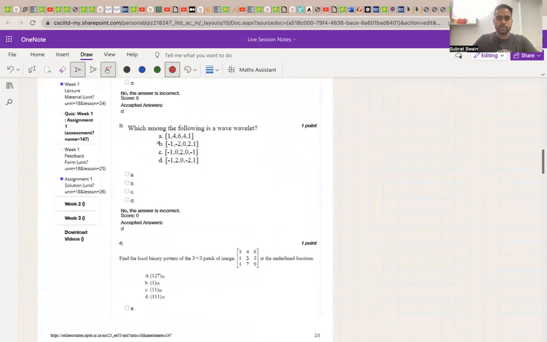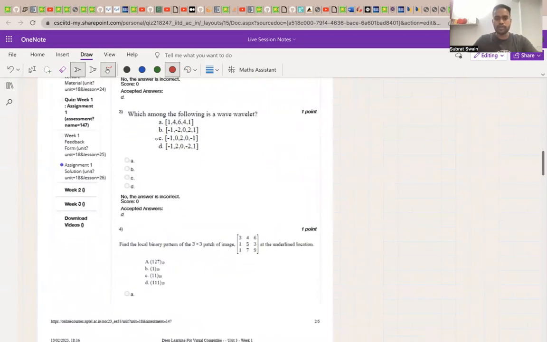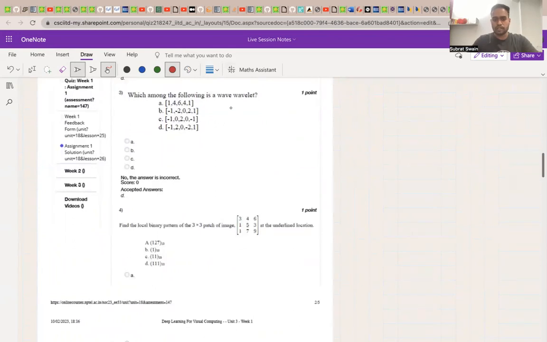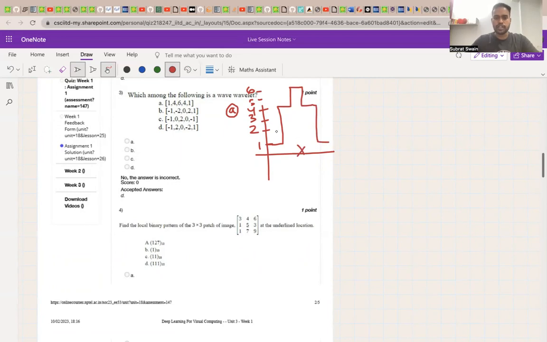Which among the following is a wavelet? If you start to plot all these things, suppose this is 1, this is 2, this is 3, this is 4, this is 5, and this is 6. If you plot the first one, the wavelet will be 1, then 4, then 6, then 4, then 1. So this is not a wave actually.